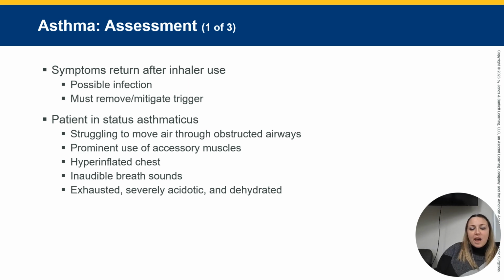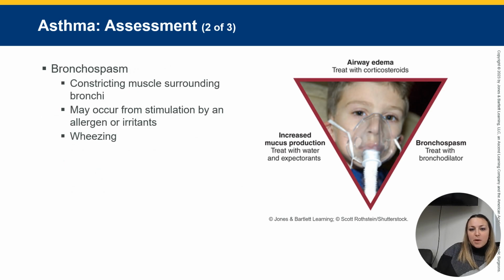So when we think about that, we move to the treatment part. Or actually, we're going to touch on bronchospasms first. With bronchospasms, you're going to have that constricting muscle around the bronchi, and we saw a picture of it a couple slides back where it almost looks crinkly. It goes from being a straight round tube to all of a sudden it collapses altogether.